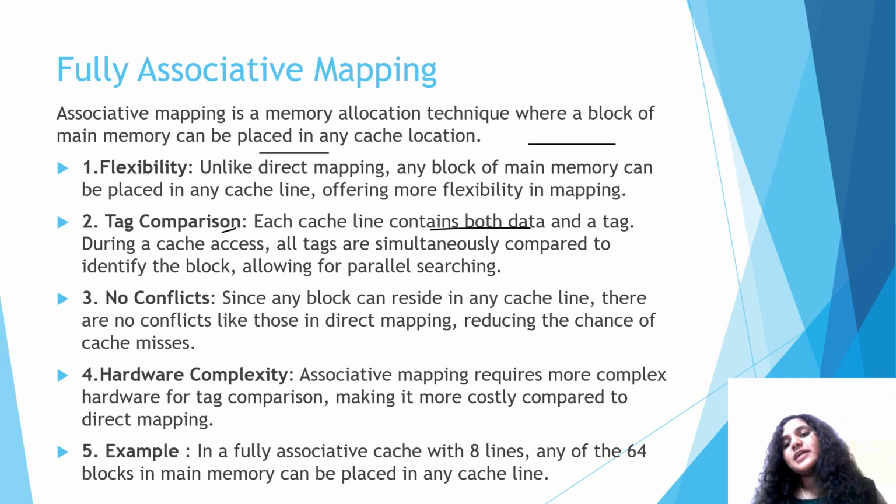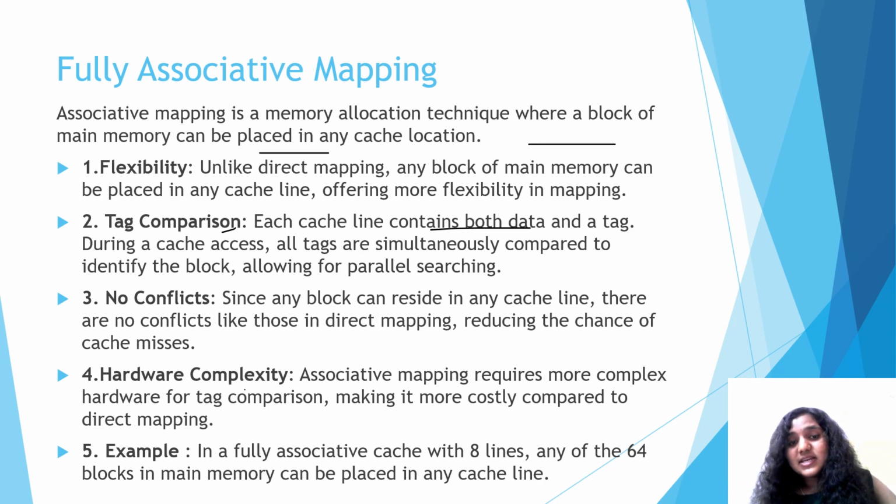As we saw in direct mapping, a drawback is conflicts: if two blocks correspond to the same block in the cache memory, there is a conflict and a cache miss occurs. But in fully associative mapping there are no conflicts, since any block can reside in any cache line. So there are no conflicts, which gives more flexibility.